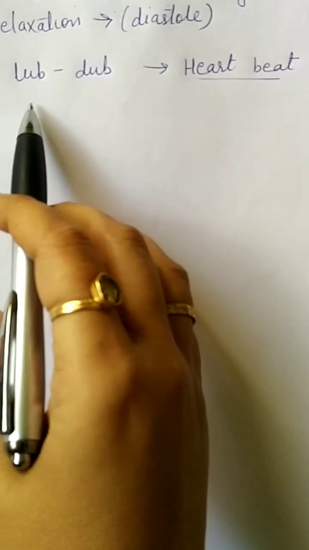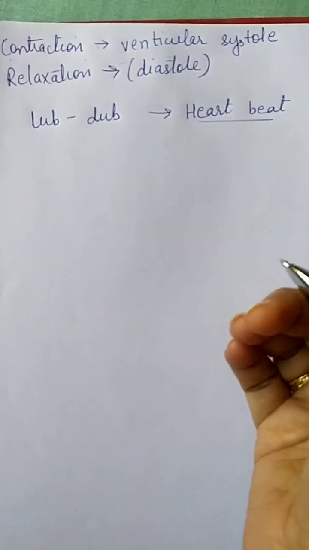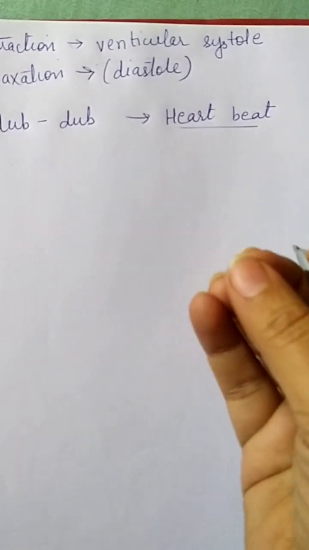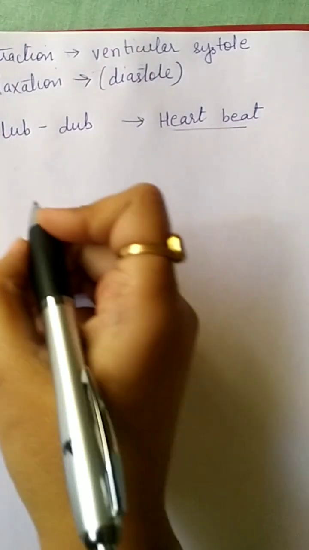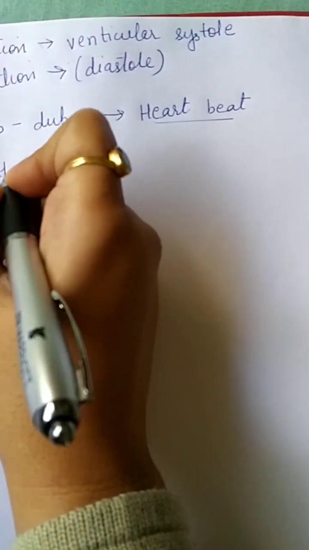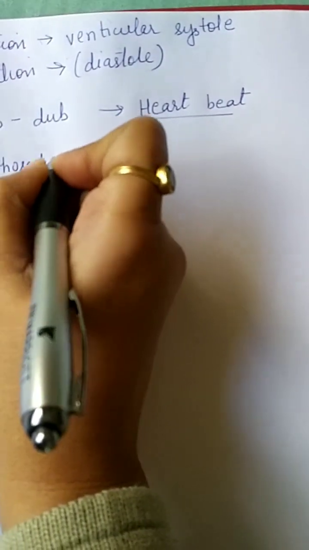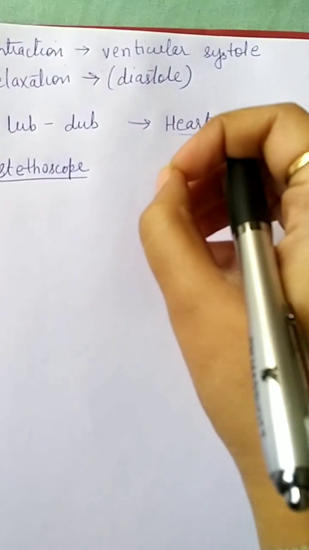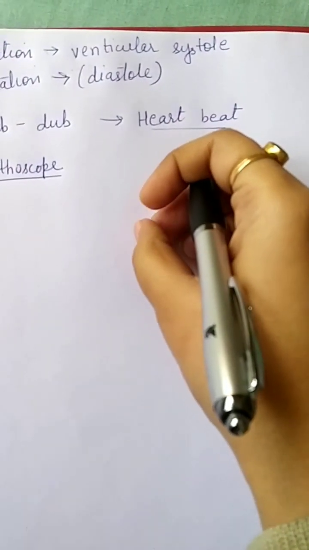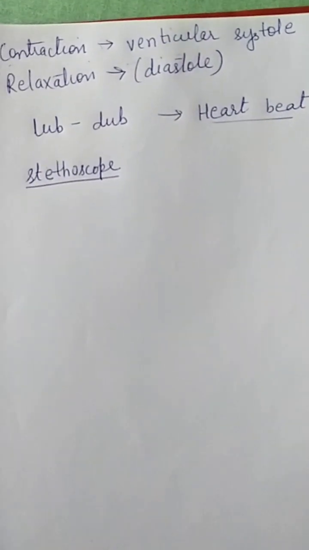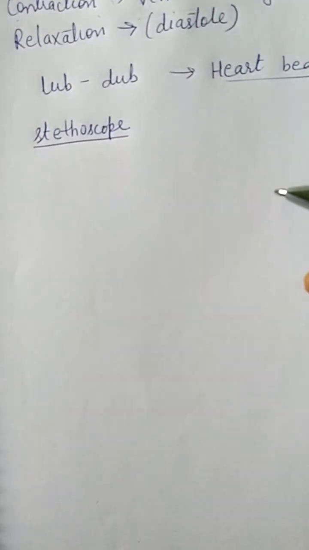And this lub-dub sound can be easily detected by a stethoscope. You might have seen that the doctor uses a stethoscope to check the heartbeat. A stethoscope is an instrument which is used by doctors in diagnostic centers or clinics to check the heartbeat. It easily catches the sound of the heart.